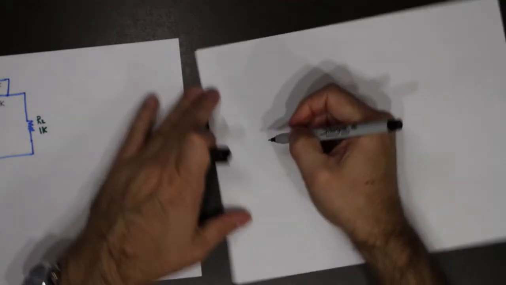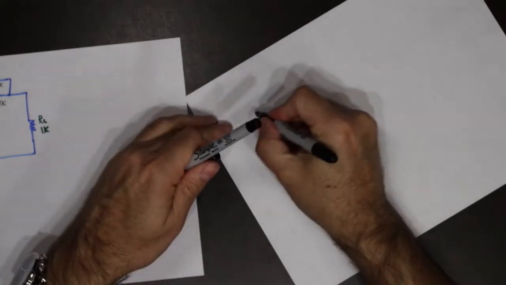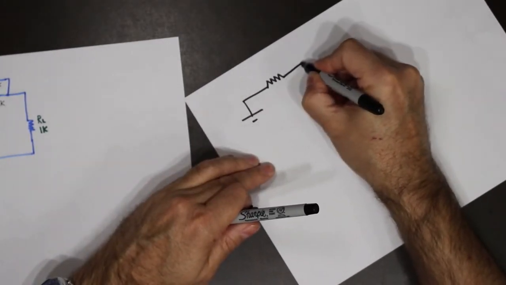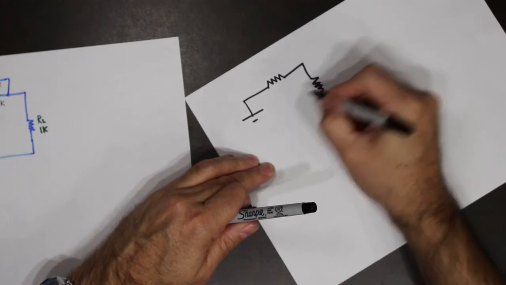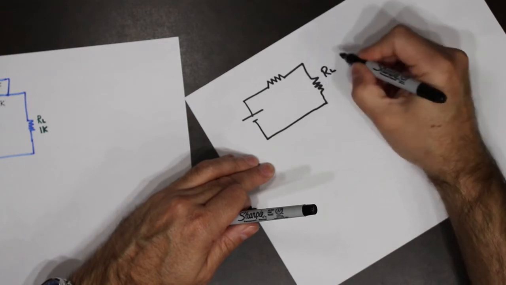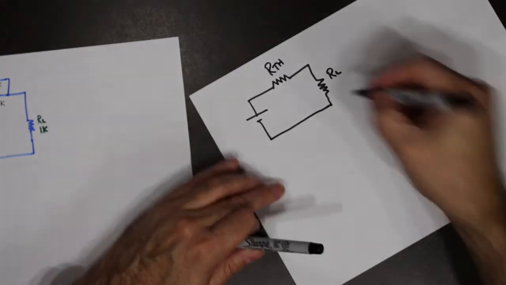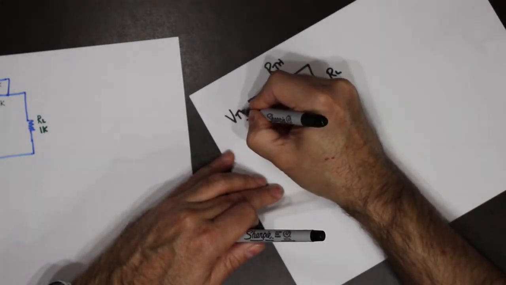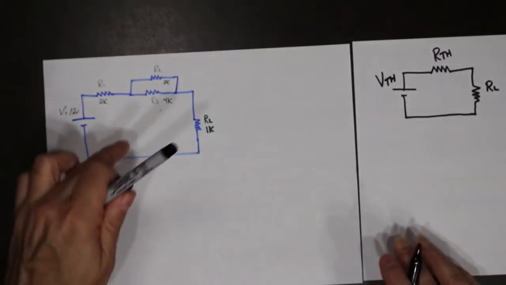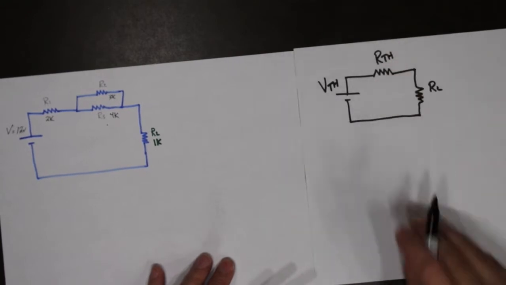We are going to end up with a series circuit, 2 resistors, and a power supply, where this is RL, this is Thevenin's equivalent resistance, and this is Thevenin's equivalent voltage. So we're going to go from this and end up with this.